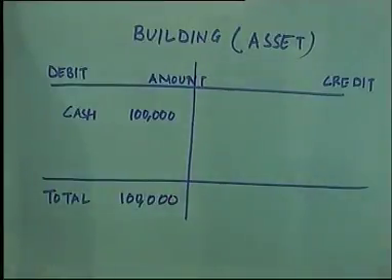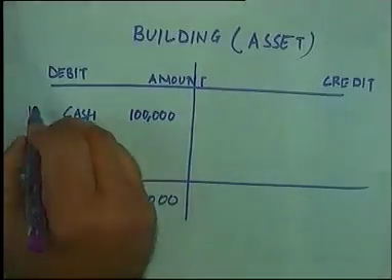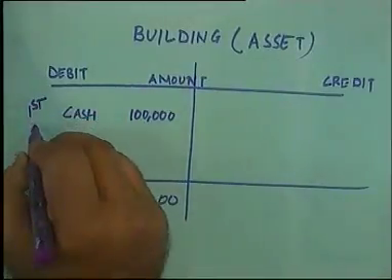Now, suppose I am giving you one additional example. Suppose part of this building you have sold for rupees 50,000. That is not part of this problem, but I am giving you this just to explain some more concept. Suppose this particular thing was done on 1st August.